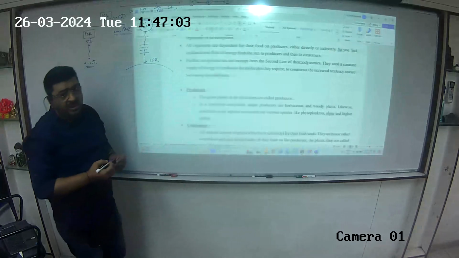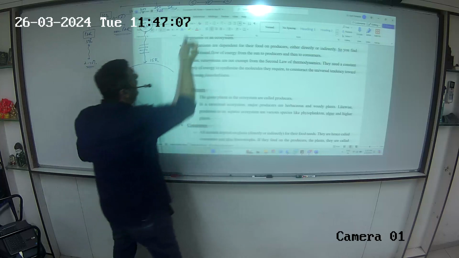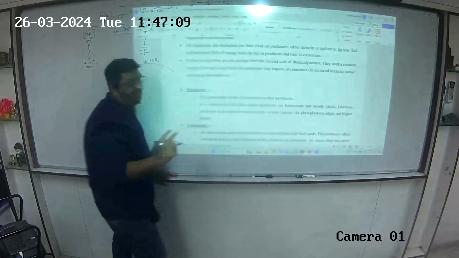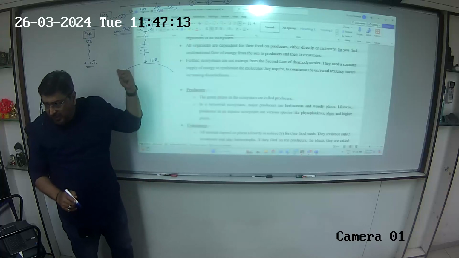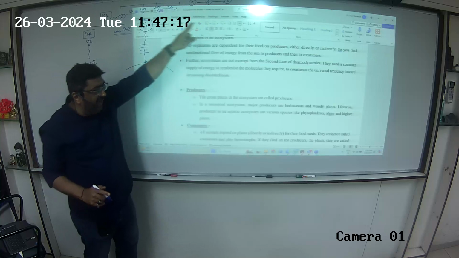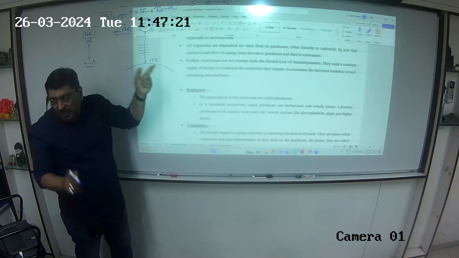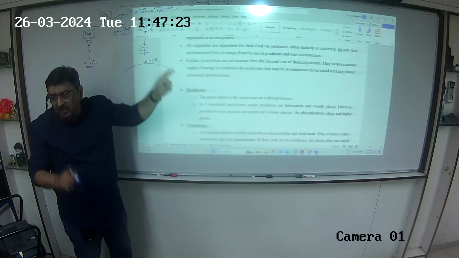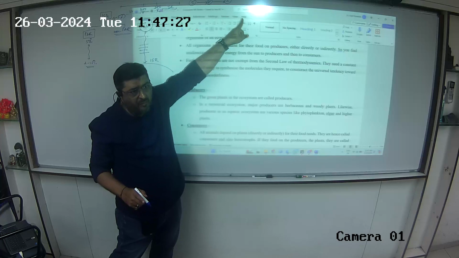Please, unidirectional means only in this direction. It cannot run in the opposite direction. If I mark an arrow exactly in the opposite direction, you will say, sir, this is also unidirectional. It will not happen. Unidirectional implies that it will run only in this direction. This is the unidirectional flow.